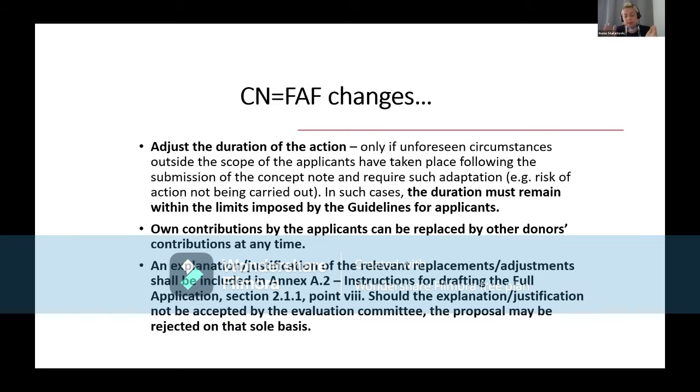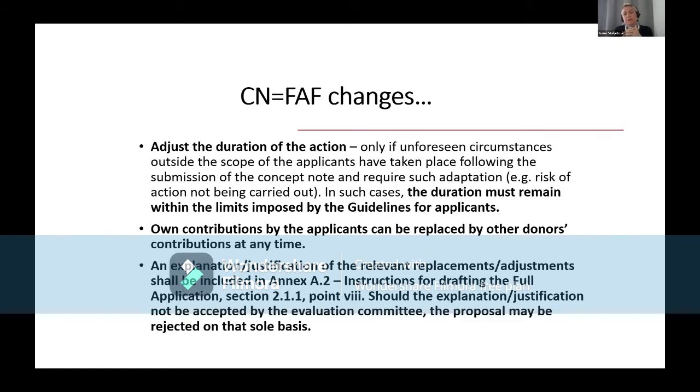But anyhow, you cannot go below 12 months and you cannot go above 36 months, which is the maximum duration under this call.